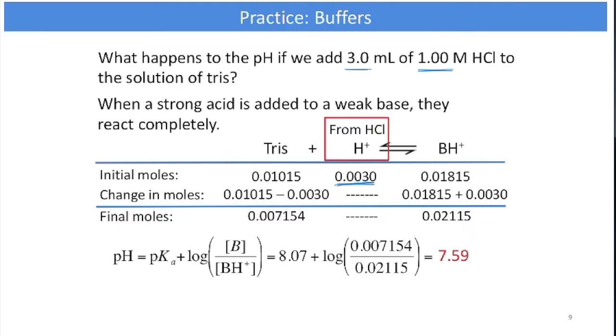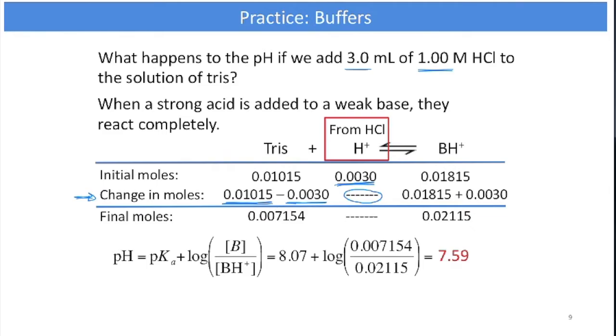If that reacts completely with the weak base, that's shown on the second line of this table. We have the tris that we started off with, and it's reacting completely with the HCl, so there's going to be no HCl remaining. All the HCl is going to go away. It's going to react with the tris, and what's going to happen to that tris? What is that doing?